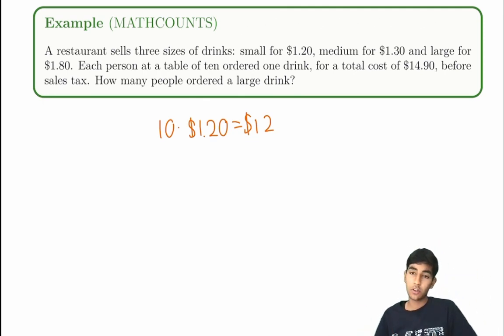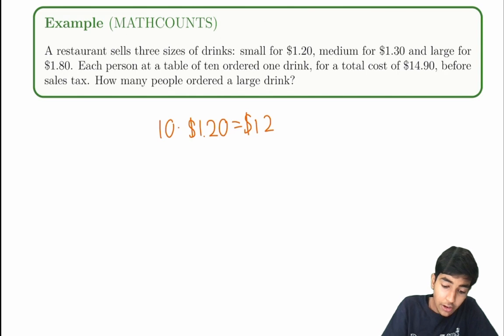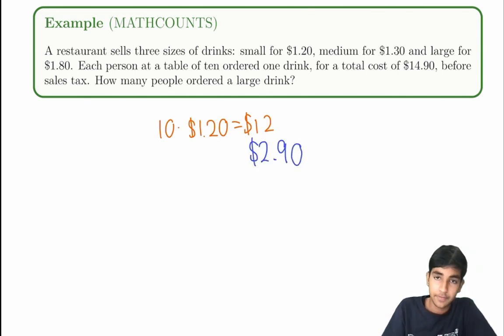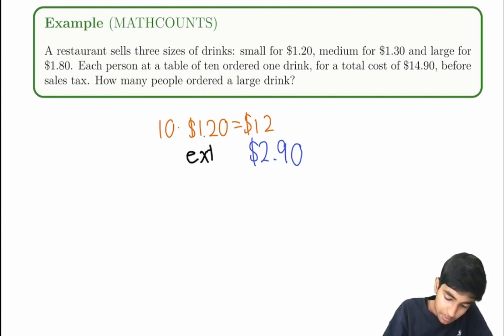But what if that's obviously not the case? So how much extra money do we need? We need an extra $2.90. So how are we going to get this $2.90, the extra that we need from small?